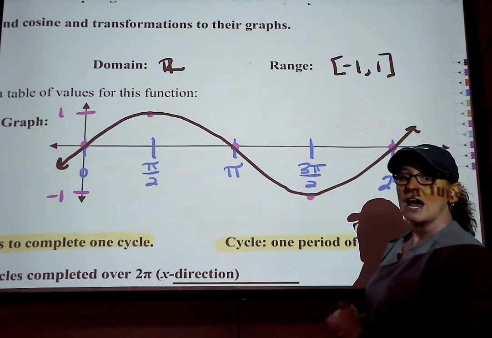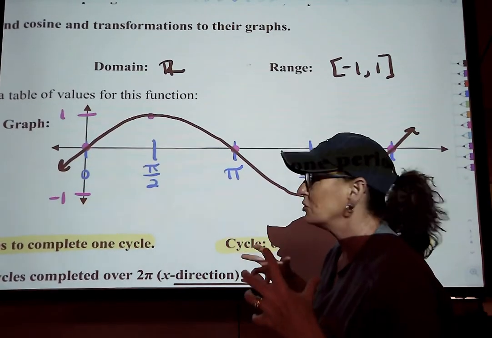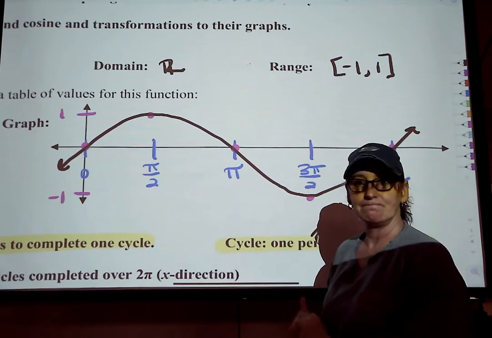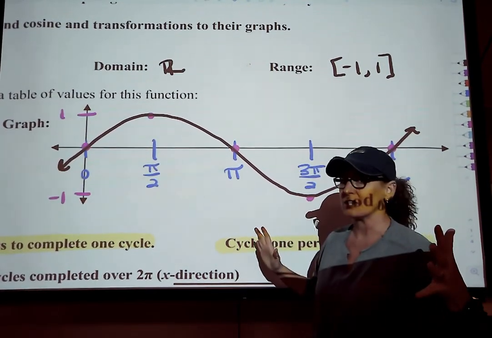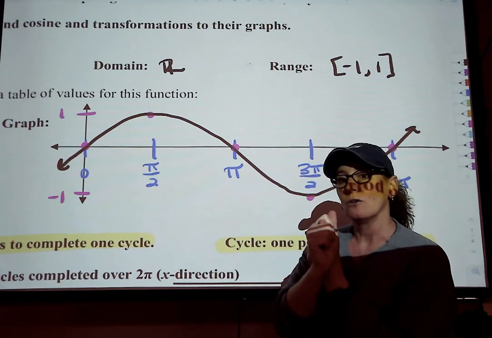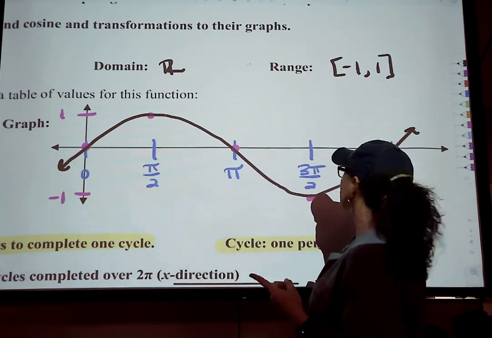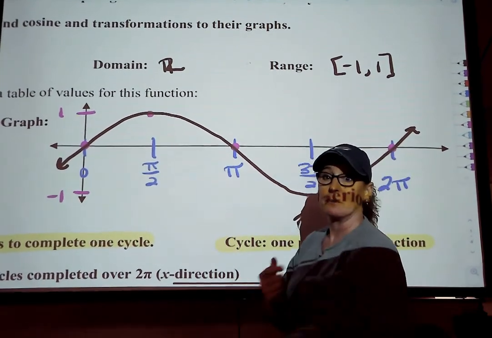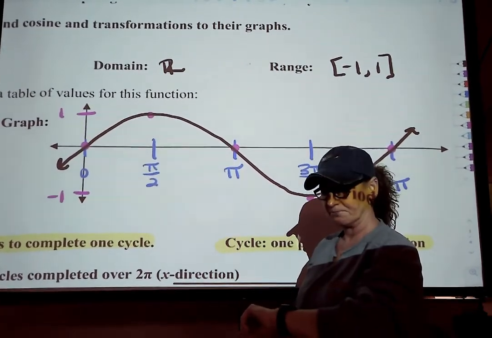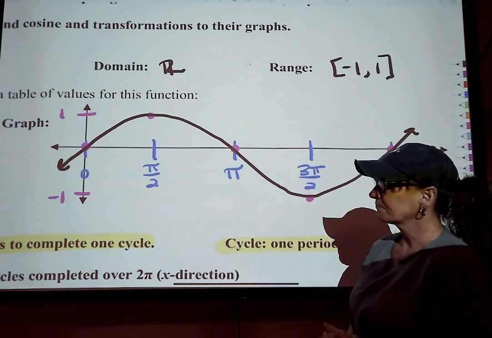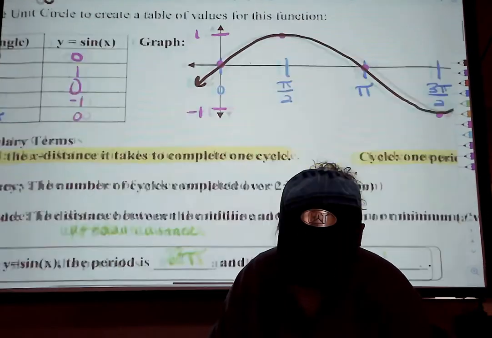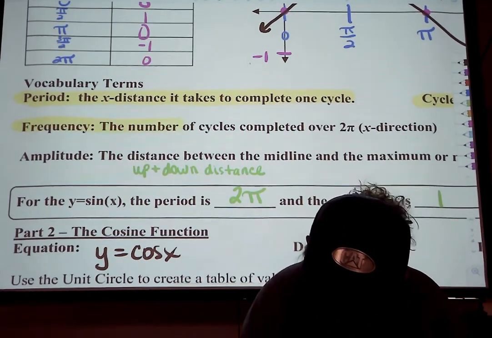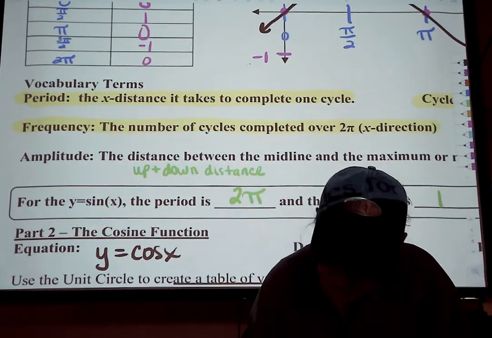How many sine cycles do you see from here to here? 1. Without any transformations, you're going to see one cycle over a 2 pi period, which means it happened one time, so my frequency is 1. Okay, so I've shown you what frequency means, and then amplitude.